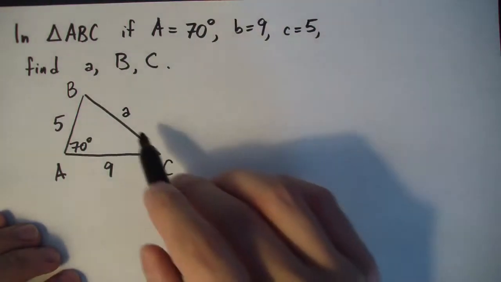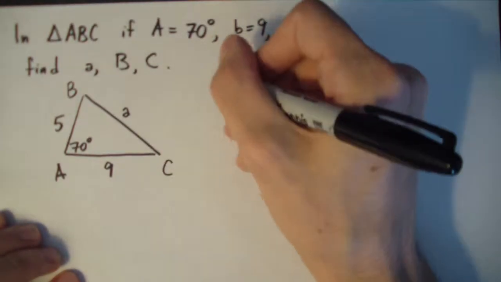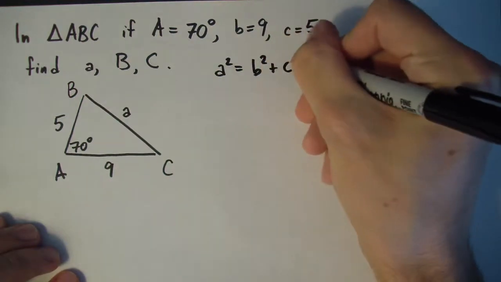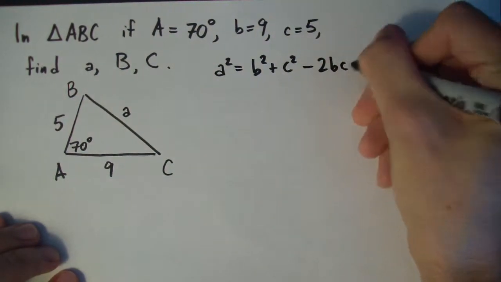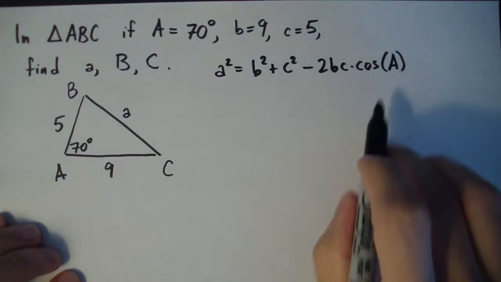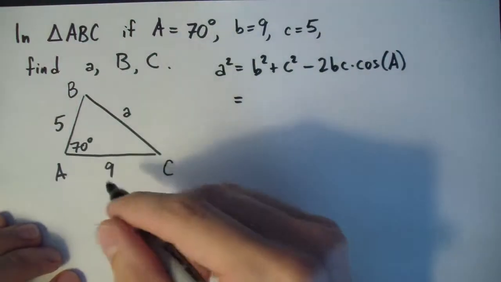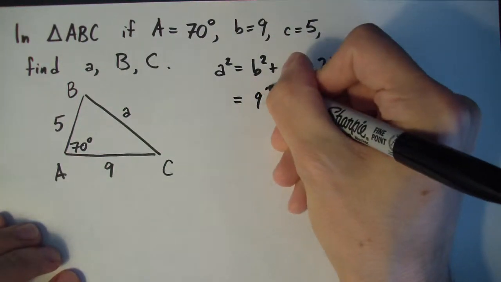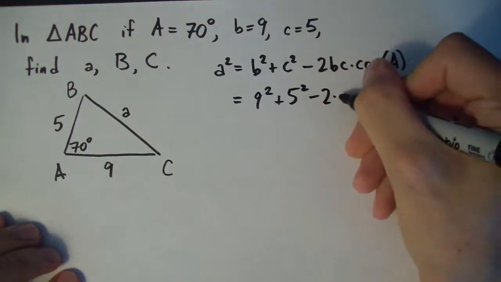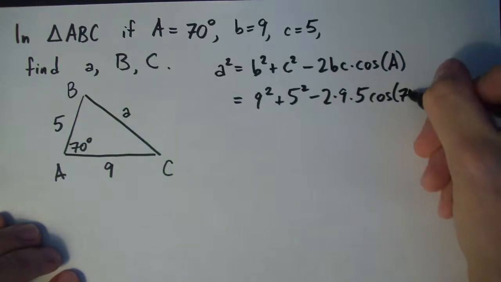So the law of cosines is perfectly suited to find side A. So we set that up. A squared is B squared plus C squared minus 2BC times cosine of A. And again we have everything we need, B, C, and A. So we can plug in. So B we get 9 squared, C is 5 squared minus 2 times 9 times 5 times cosine of 70 degrees.